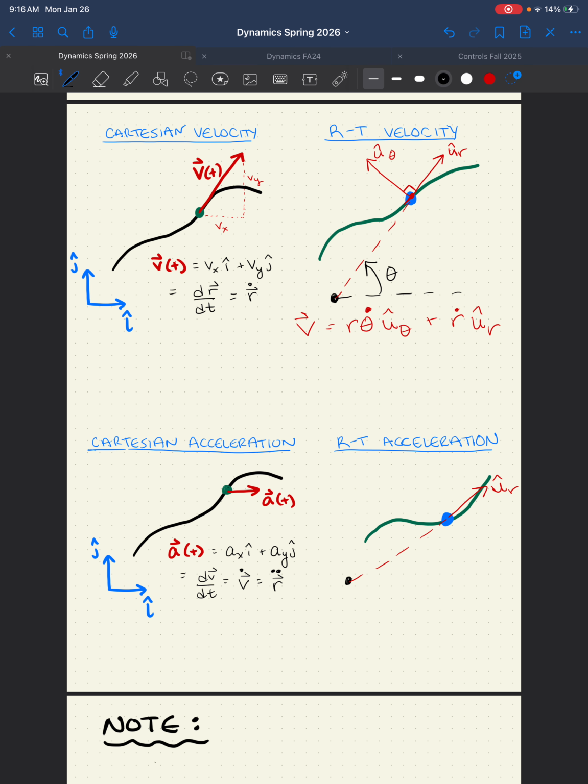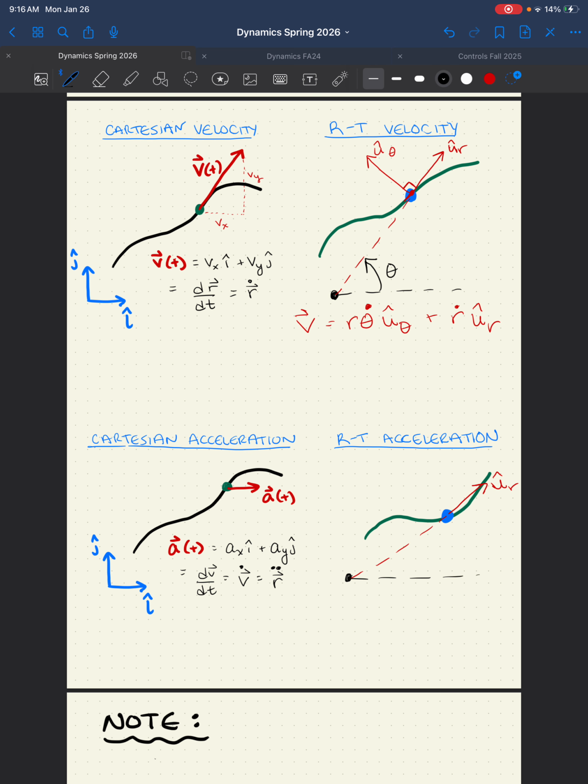And then I like to set my theta. I'm going to say that theta pushes this radial arm up and to the left, or counterclockwise, which means that u hat theta points this way. And these are 90 degrees to one another.